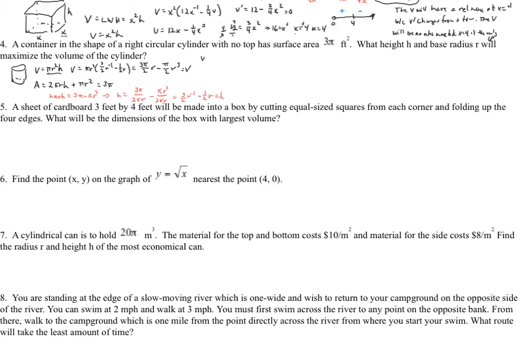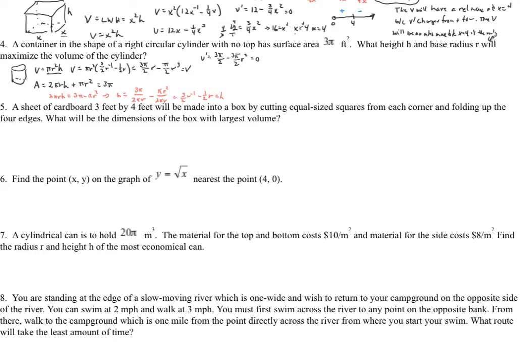So we are going to go V prime, and we're differentiating with respect to r. So that's going to give us 3 pi over 2 minus 3 pi over 2 r squared. So there's our derivative. We're going to set it equal to 0 and look for critical points.